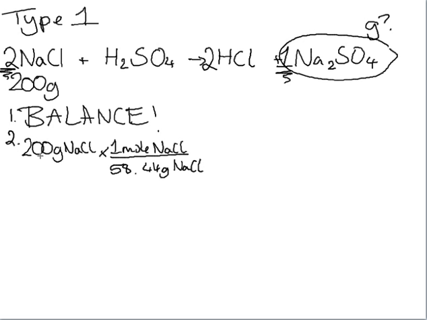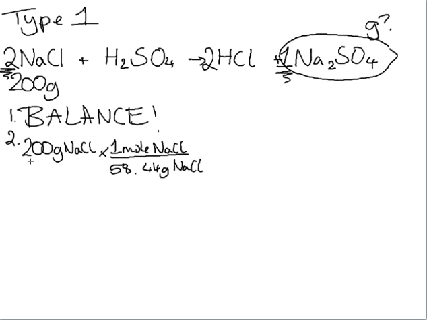So what this means is that you're trying to find out how many moles of NaCl is 200 grams. Because right here it says that for every mole of NaCl, there are 58.44 grams. So how many moles is 200 grams?